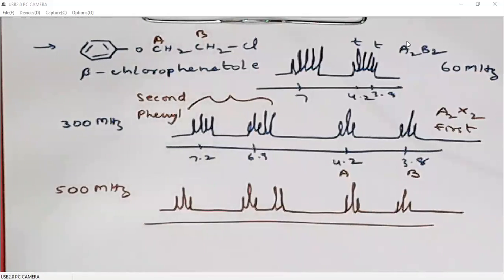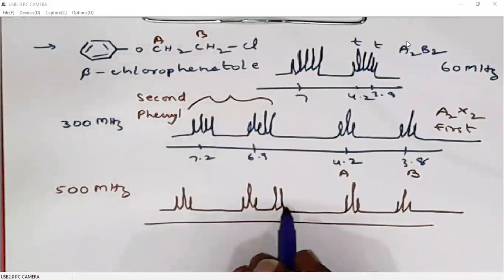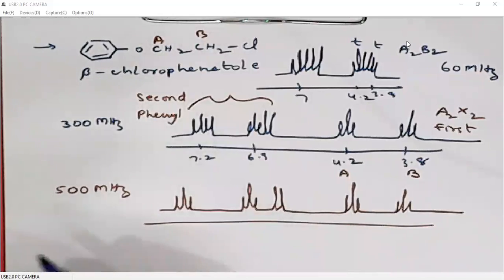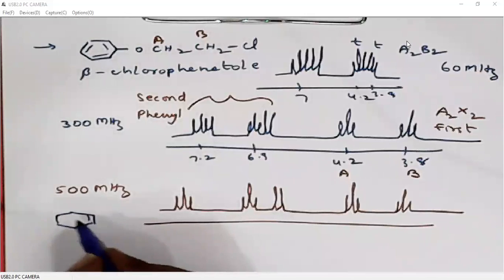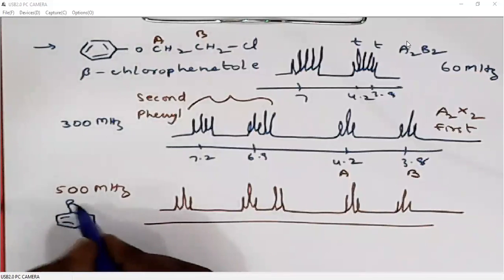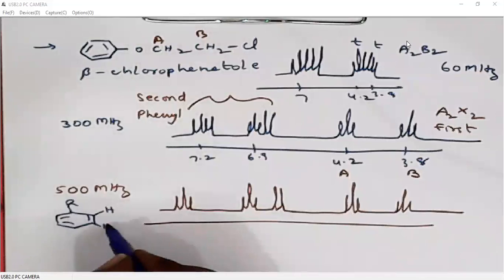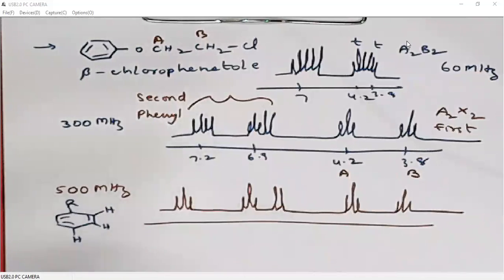Why are we getting these triplets? It is based on the phenyl group. This proton and this proton are chemically equivalent, so they will give only one signal. This proton and this proton are also chemically equivalent, and they give one signal, and this is another proton.